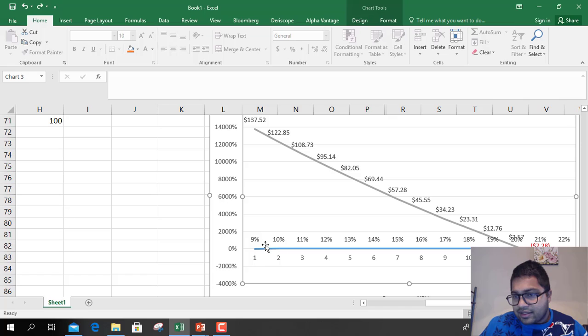So if you see, as the rate of financing increases, the NPV goes down. So 137 million to 16 million loss. So it keeps on going down.